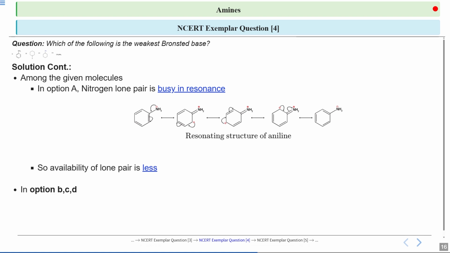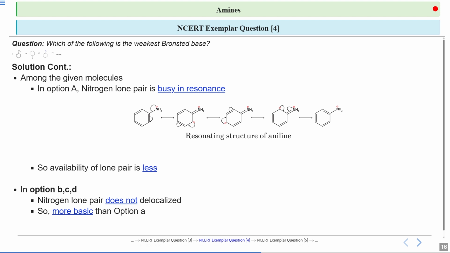Okay, now if I talk about option B, C and D over here, then you will see the nitrogen lone pairs do not delocalize. Okay, that means the nitrogen's lone pairs are localized over here, so they are more basic.